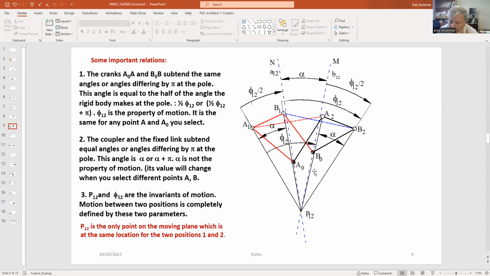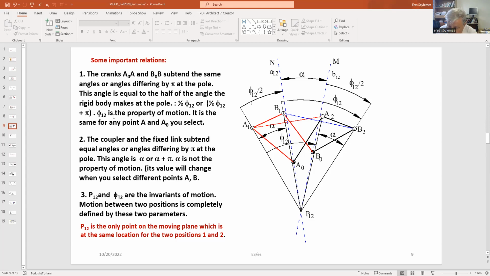Now I have a conclusion. Cranks A0A and B0B subtend the same angle at the pole, or angles differing by pi. I'll explain why that is true. In this figure, they subtend the same angle alpha. This angle is equal to half of the angular rotation of the rigid body at the pole.